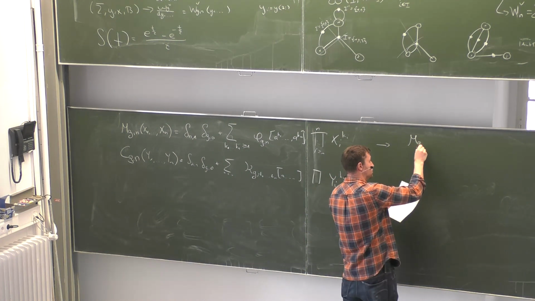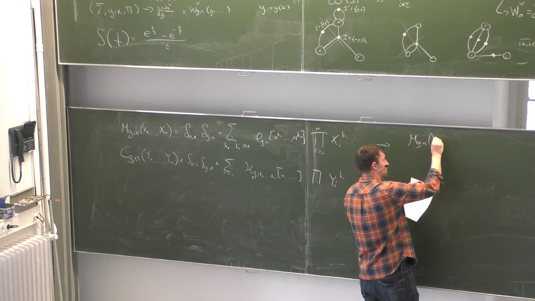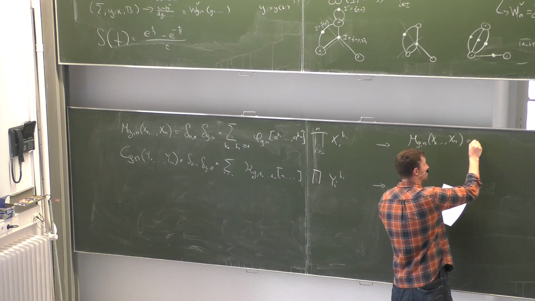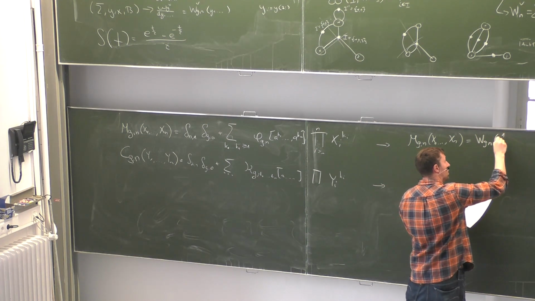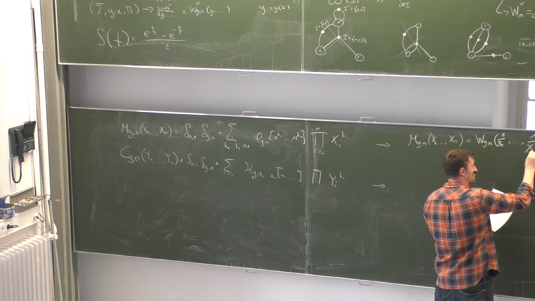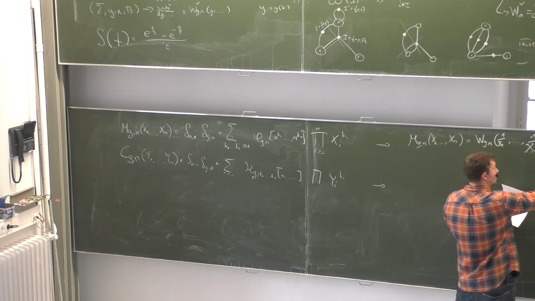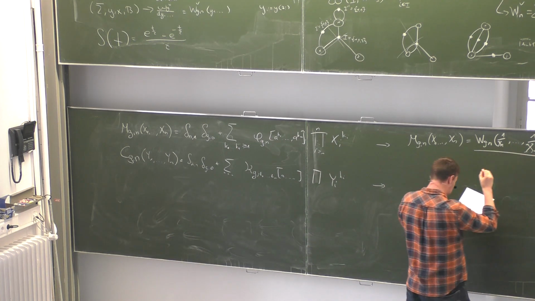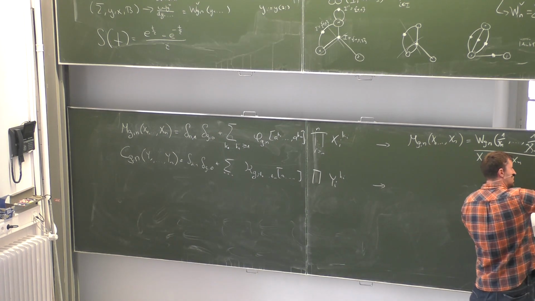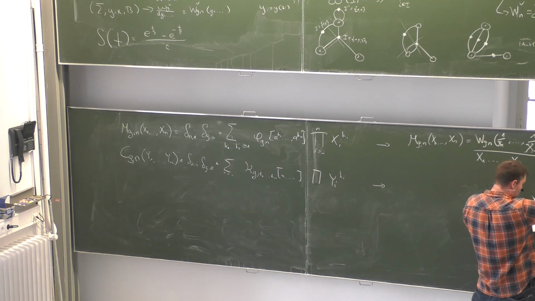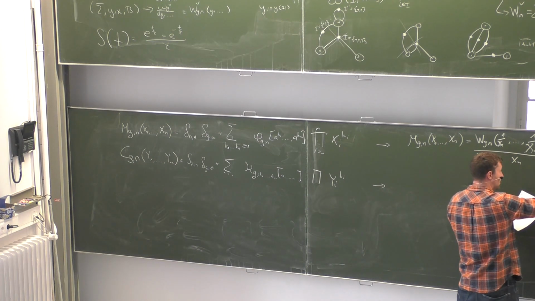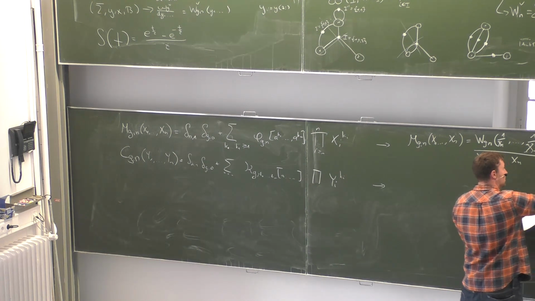How are these M_{g,n}(x_1 up to x_n) related to my W's is the following: we write W_{g,n}(1/x_1, up to 1/x_n) equals M_{g,n}, divided by x_1 up to x_n, minus the delta_{n,2} delta_{g,0} term, with x_1 minus x_2 squared.